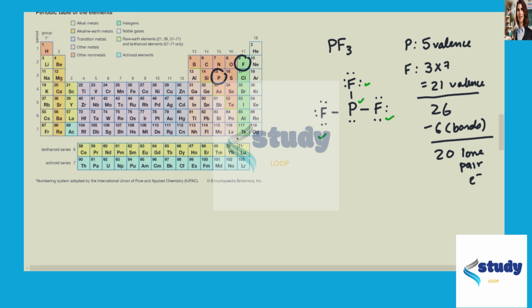That gives us 26. The reason I don't count the total octet for phosphorus is because those electrons have already been accounted for when we talk about fluorine, because each of these bonds represents 2 electrons. The easiest way to think of them is as if they're being shared.